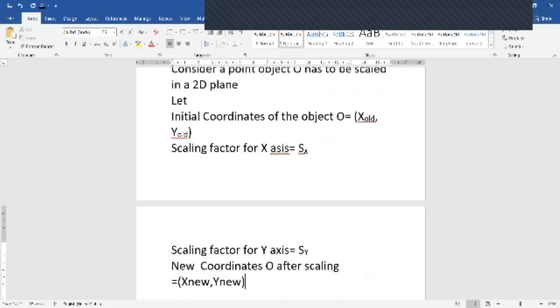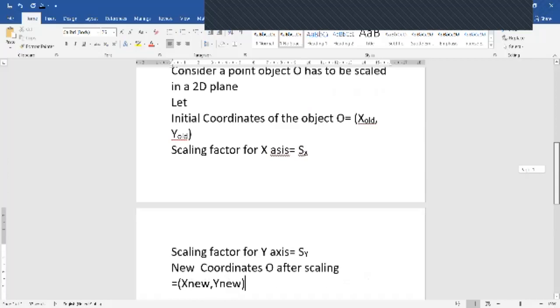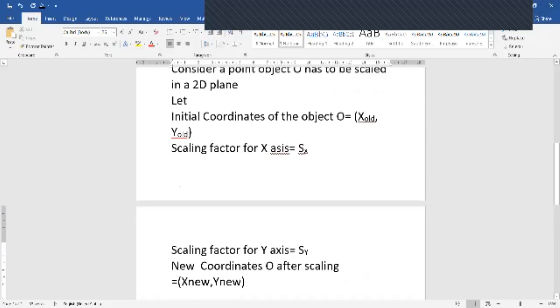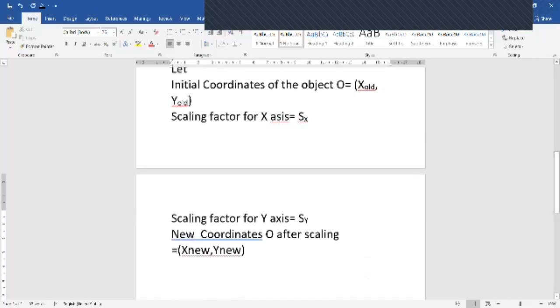Now we need to add the scaling factor. This is just the mathematical representation of the new coordinates after scaling. So here we can say that the scaling is achieved by, how is the scaling achieved?